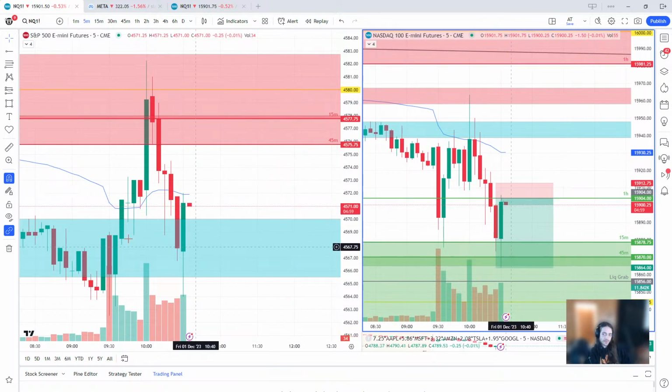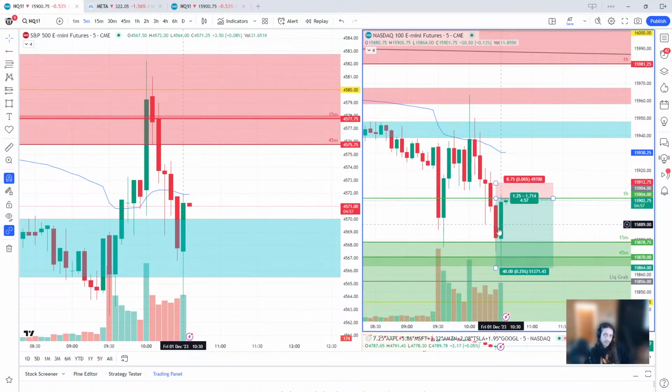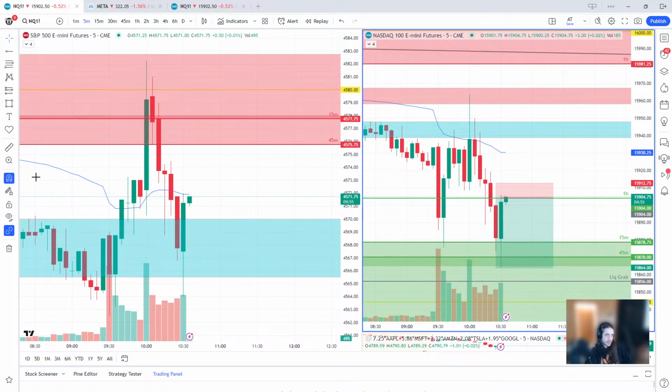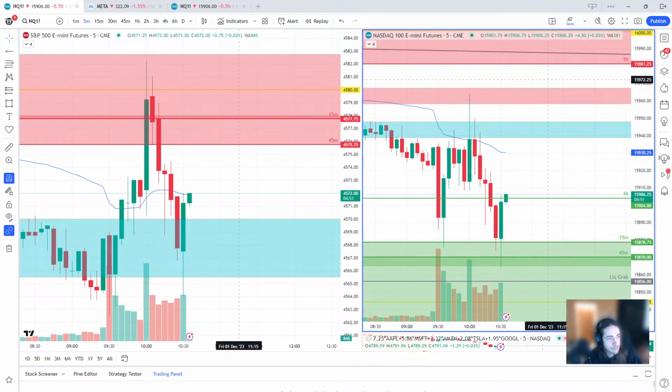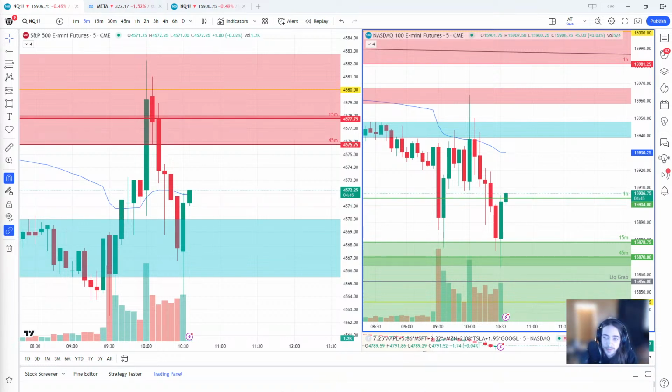Let it close. Engulfing on the 5-minute could continue. I'm not taking any trades. I might go long, but I'm not taking any trades yet. Yeah, no, I'm not gonna.